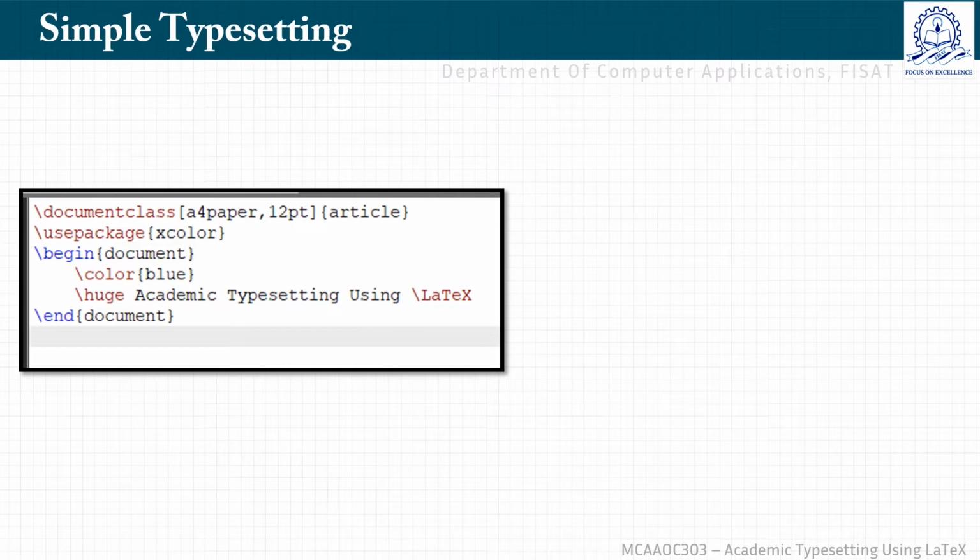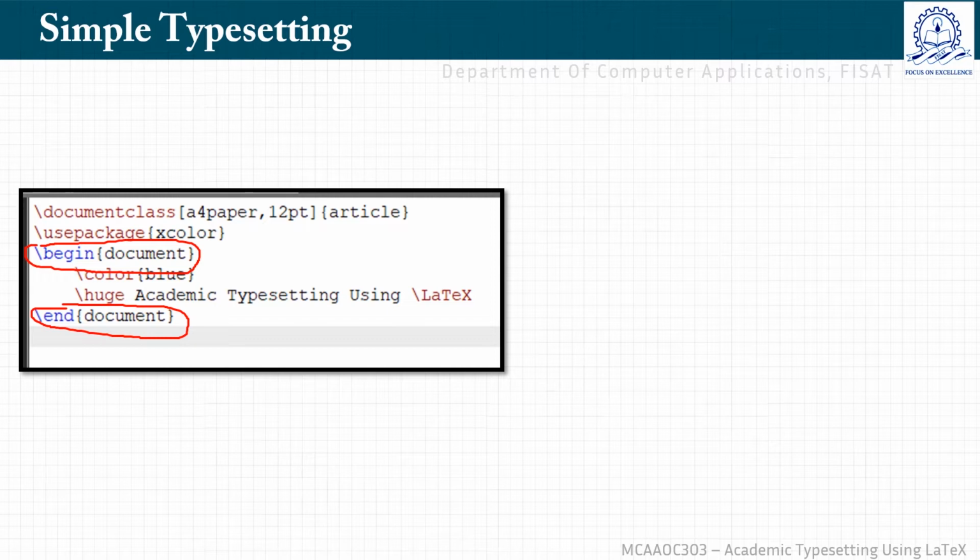Our contents are placed between the begin and end document of the text file. Between these, we place our contents. A LaTeX document consists of two main pieces, the preamble and the body. The preamble is the first section of the input file.